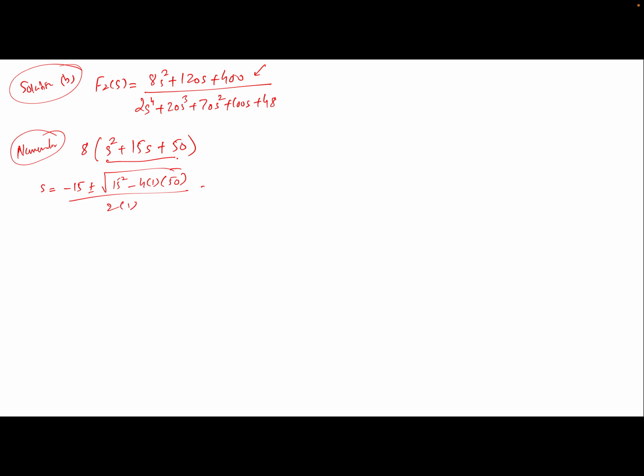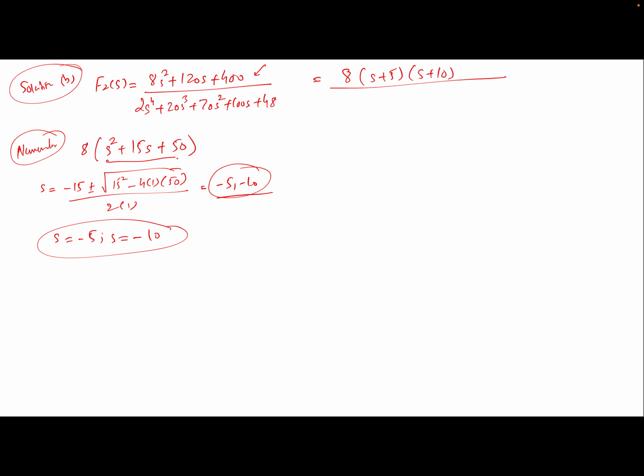So I got the two roots as minus 5 and minus 10. Both were real. So I can write the numerator down over here by taking 8 common out, and then these are the two roots: s plus 5 and s plus 10. So this is my numerator. Okay, nice. And again, s equals minus 5 and s equals minus 10 represent the zeros. Okay, let's do the denominator.